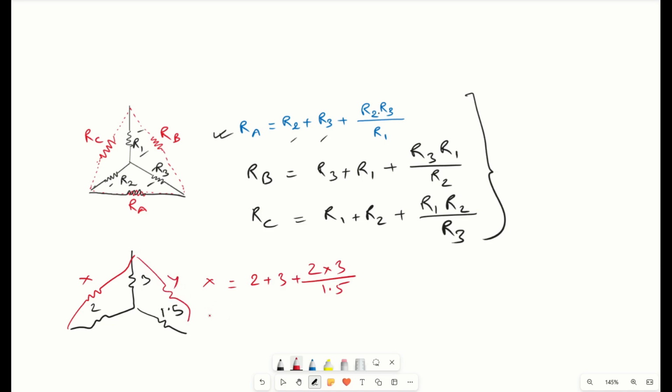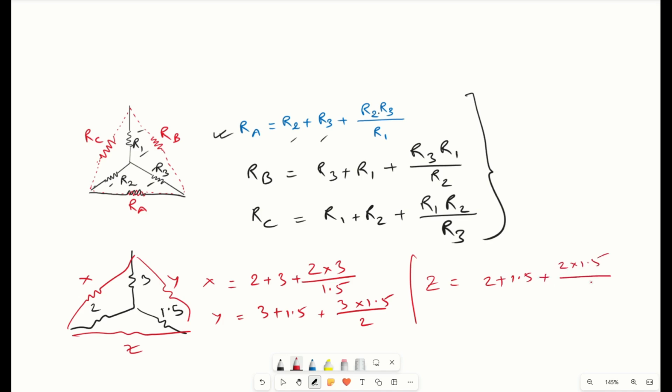Similarly, if this is your y, y equals 3 plus 1.5 plus 3 into 1.5 divided by the remaining, which is 2. Then suppose this is our z, so what will be z? z will be 2 plus 1.5 plus 2 into 1.5 divided by the remaining, which is 3. So this is as simple as that.